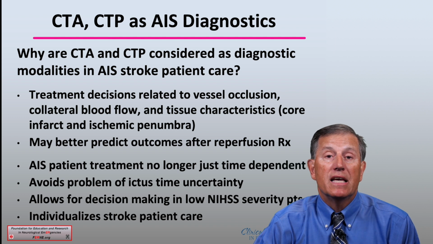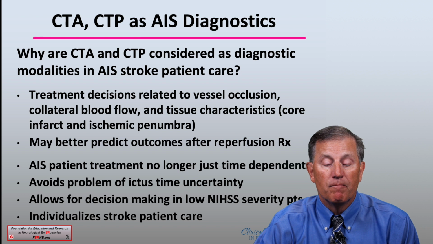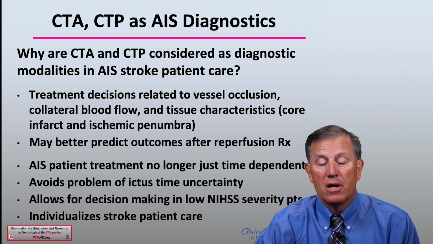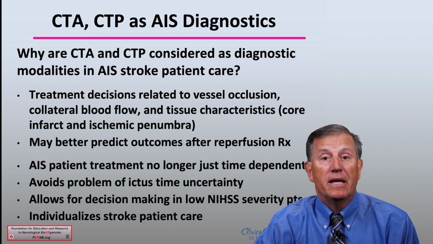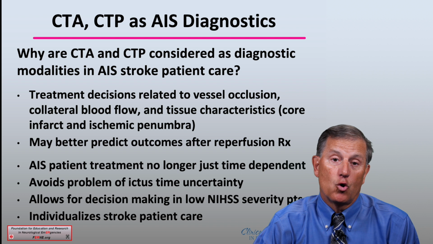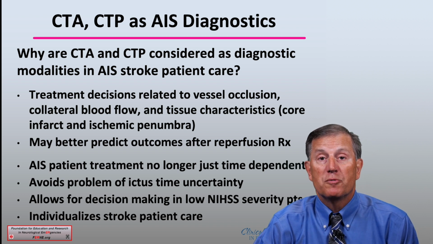It avoids the issue of not knowing for certain when the stroke ictus occurred, and it allows for better decision-making with patients with low NIH stroke scale severity strokes. Most importantly, it allows stroke patient care to be individualized to the characteristics of that patient's brain with regard to collaterals, the size of the core infarct, and the size of the ischemic penumbra, which may benefit from our acute aggressive therapies.